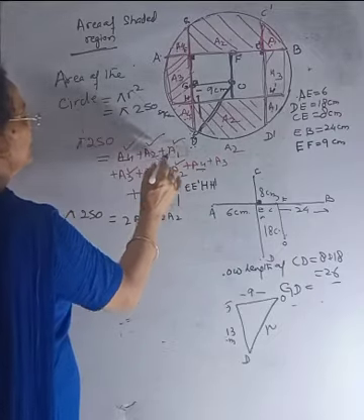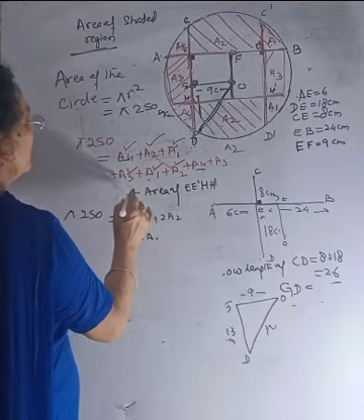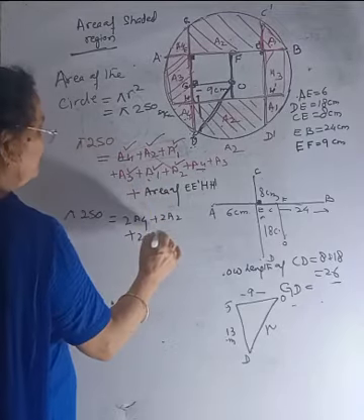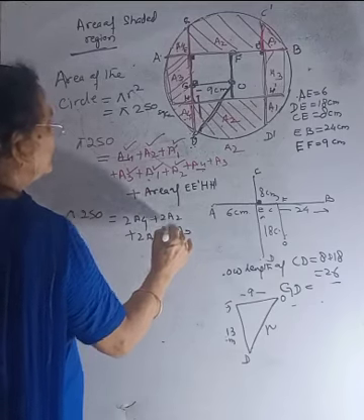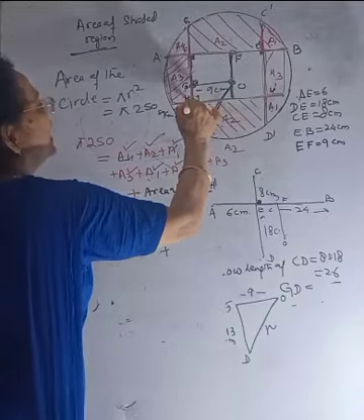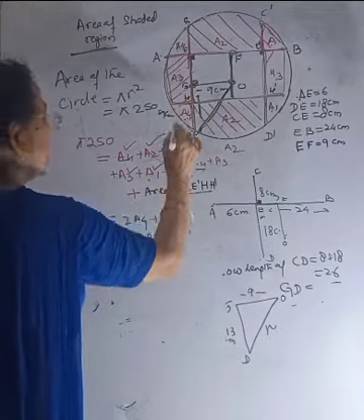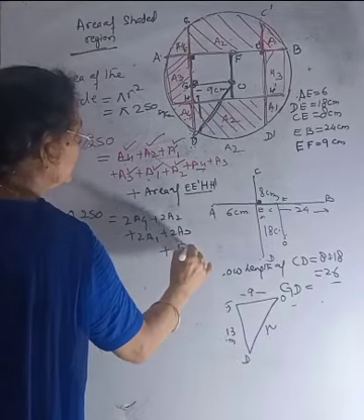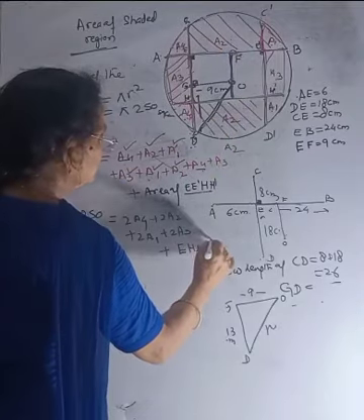A1 and A1, 2 times A1. And A3, 2 times A3. Plus area of this EE dash, XX dash. This will be equal to EH into EE dash.